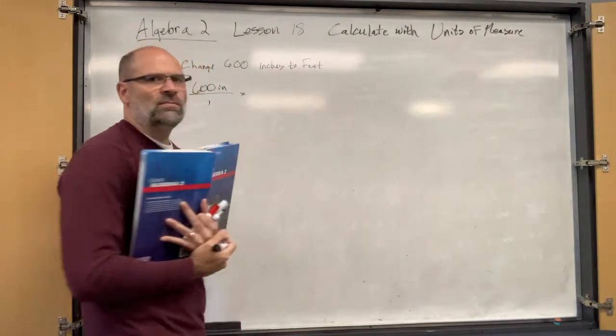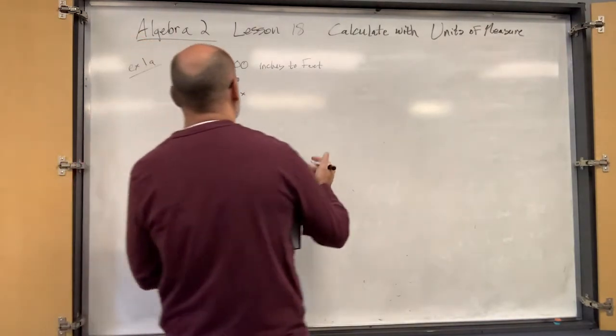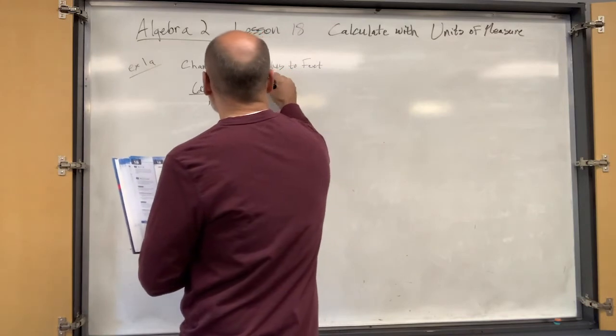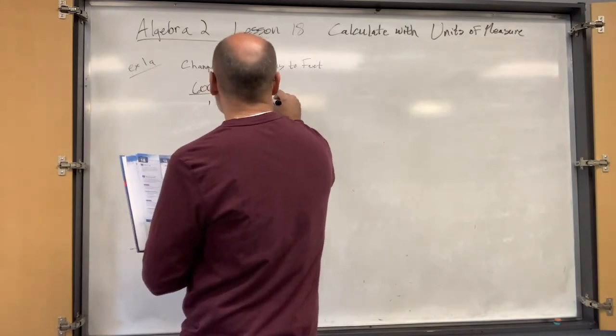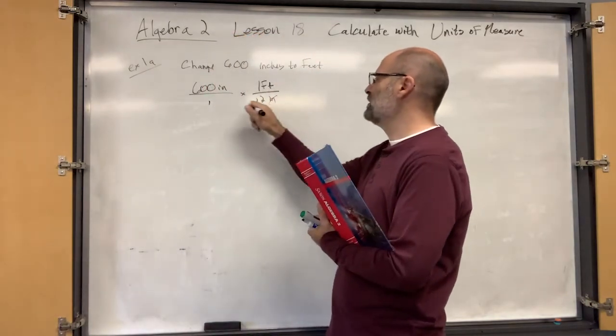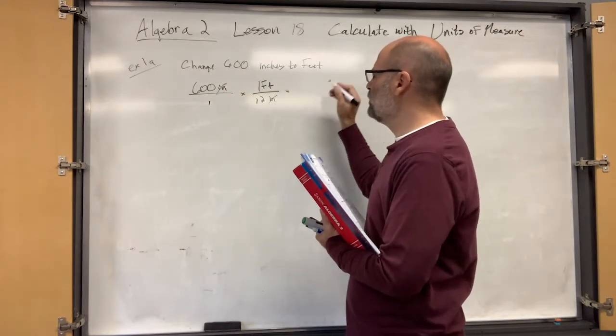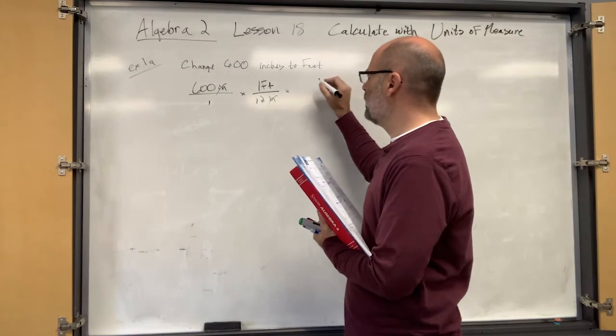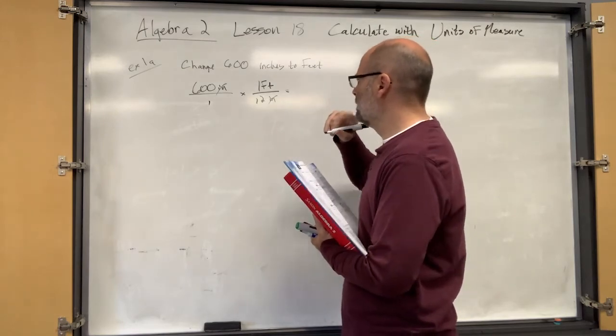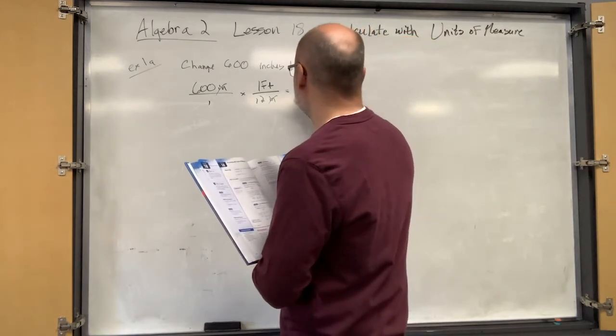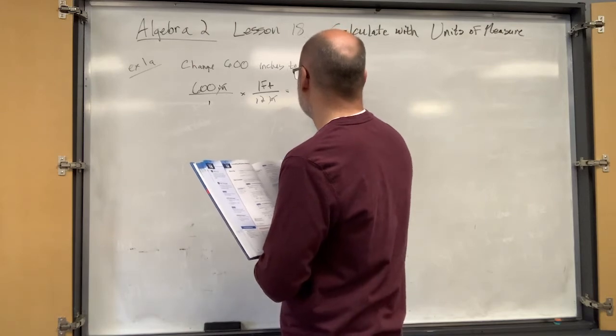Yep, unit multiplier. So you're going inches to feet. That's 1 foot over 12 inches or 12 inches over 1 foot. You want to choose the unit multiplier that will cancel. Then you're left with 600 times 1 foot divided by 12. What is that, 50? Yes, so that's 50 feet.